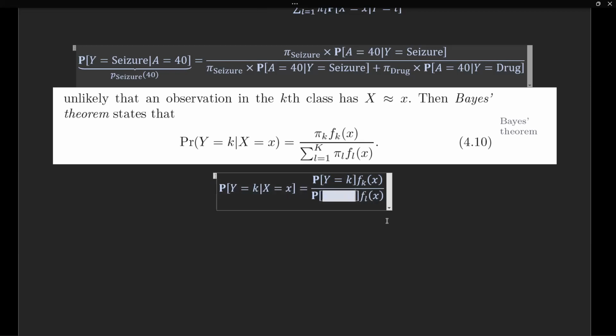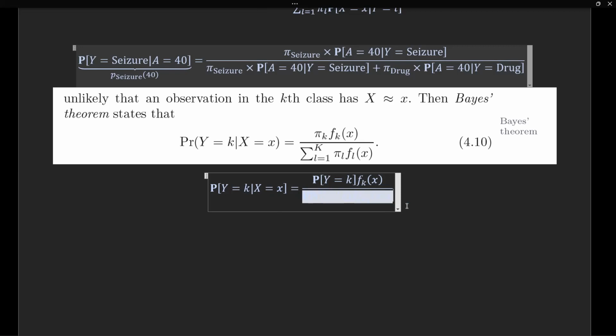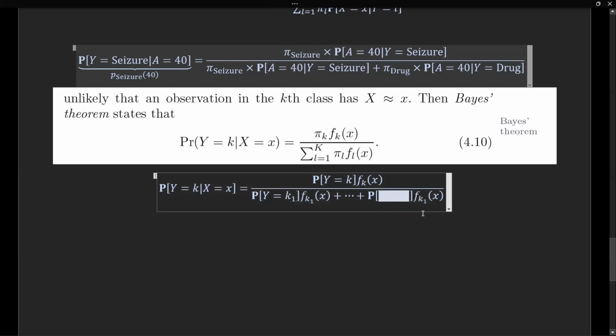So from the first possible class, let's call it K1, to the very last. So plus dot dot dot plus all the way till the very last one. So let's just call it uppercase K.